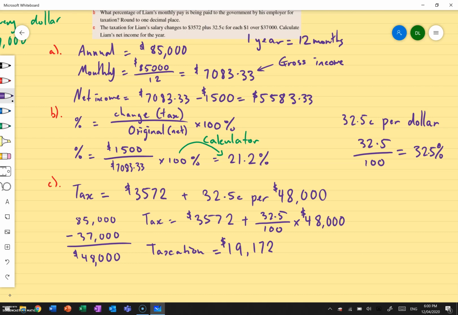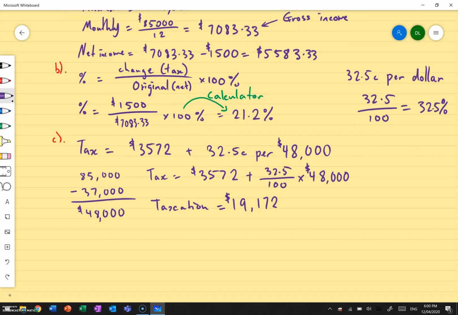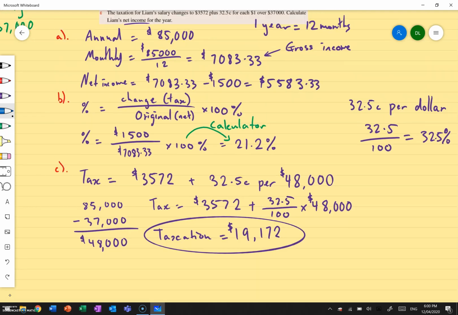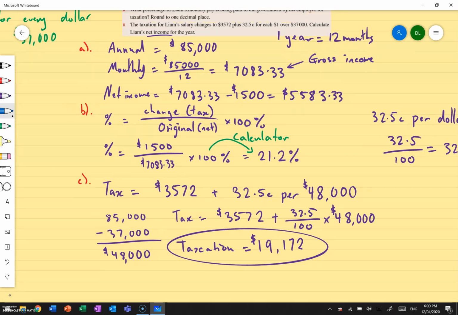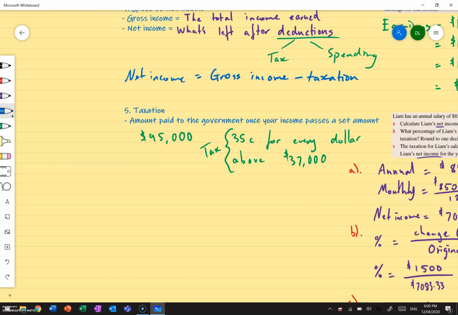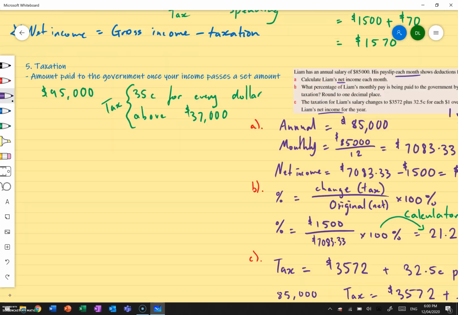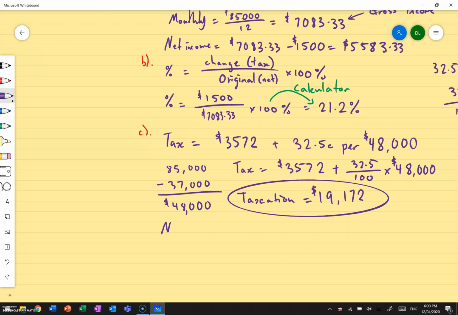Now, the next part of the question asks us to calculate the net income for the year. So we know that this is our tax. Let's go ahead and use our formula from before, this one over here. So it's net income is equal to gross income minus tax.